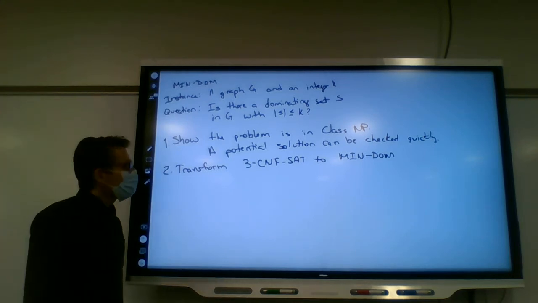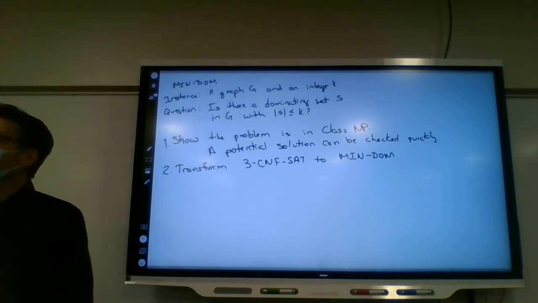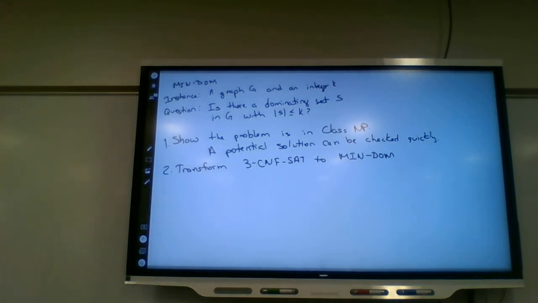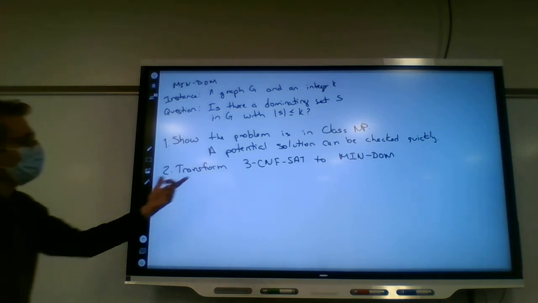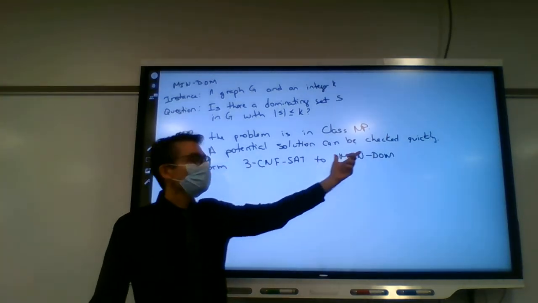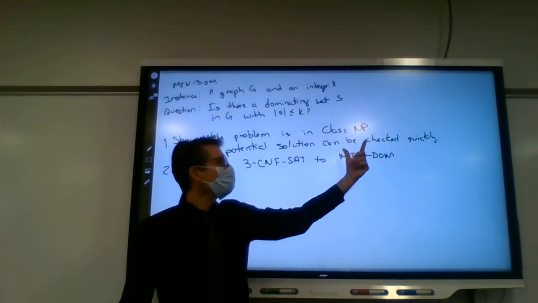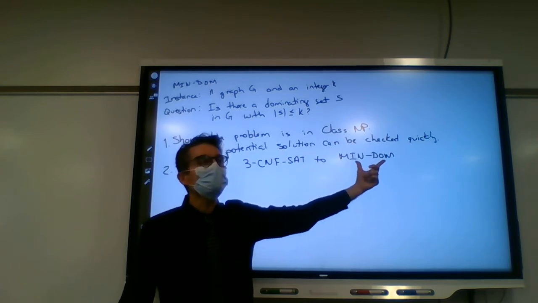Okay, so the process for showing how to transform something is we show how to start with this problem and turn it into that problem, so that if this one had an easy solution, so would this one.